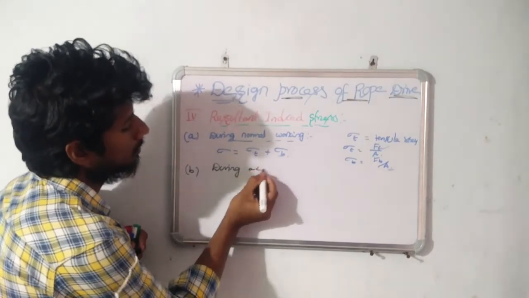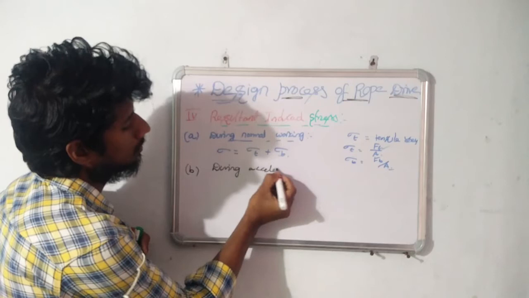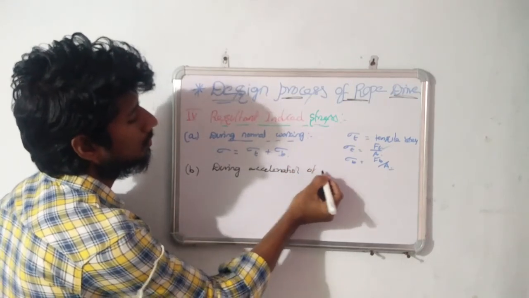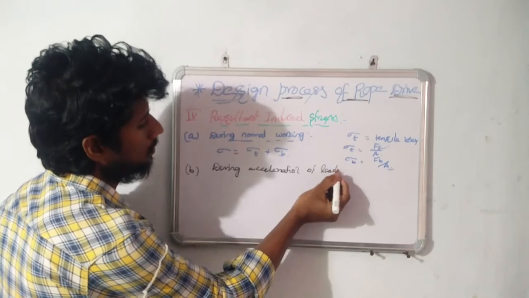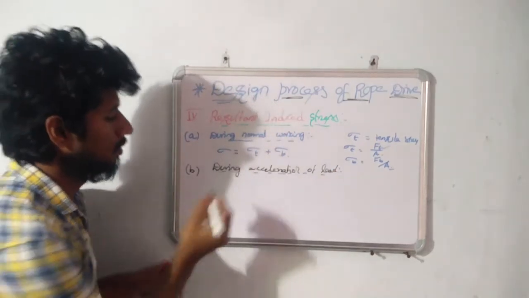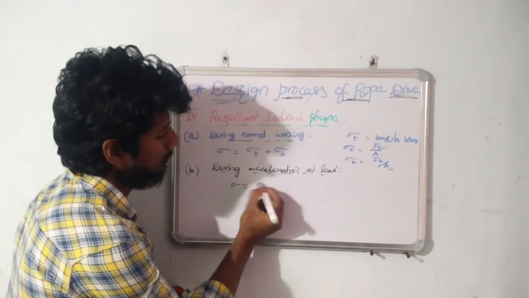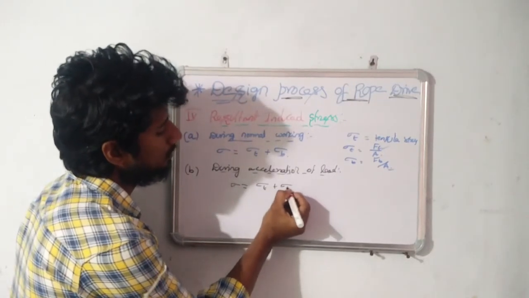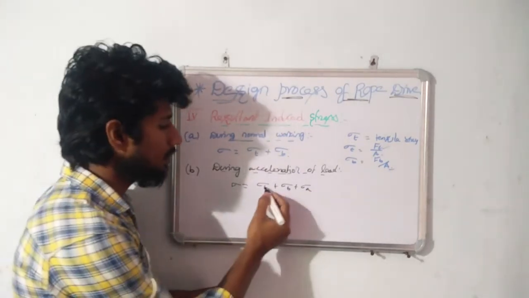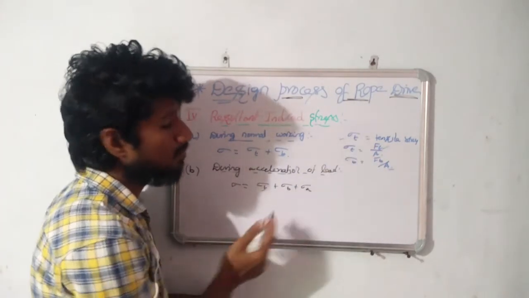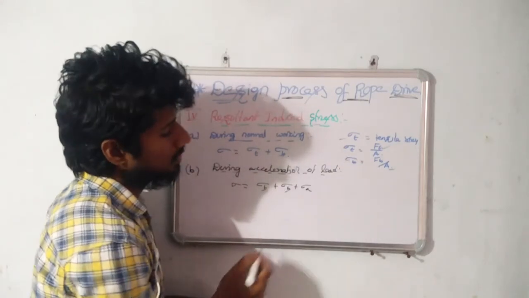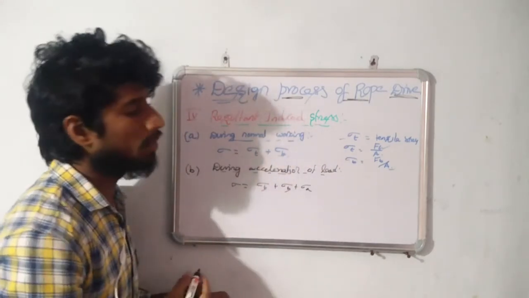During acceleration of load, sigma equals sigma t plus sigma b plus sigma a. As usual, we have already found sigma t, the tensile stress, and sigma b, the bending stress. What about the sigma a here?